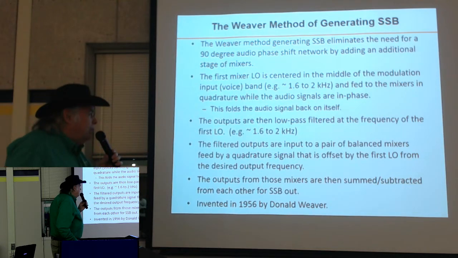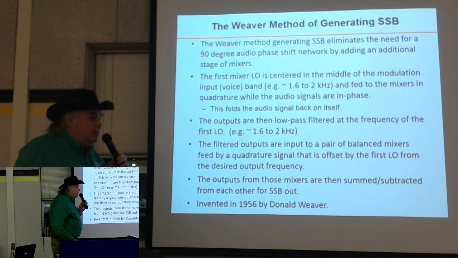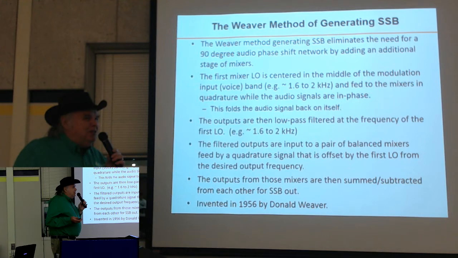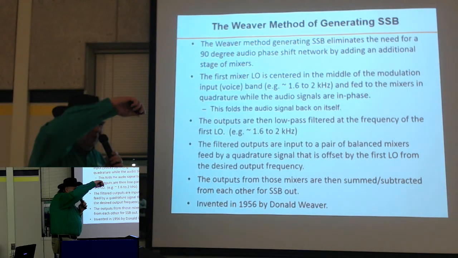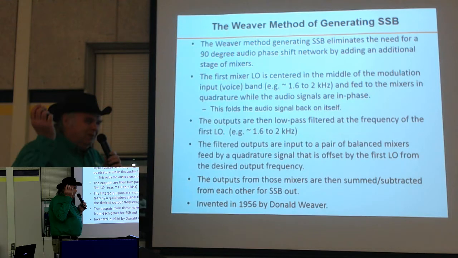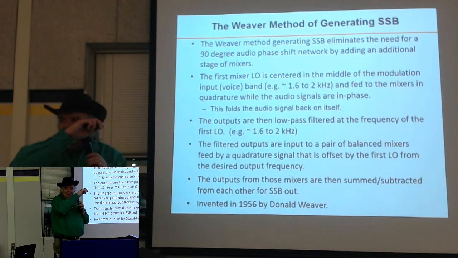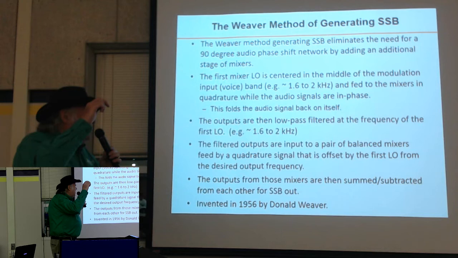So we're mixing the audio, and that actually folds the audio signal back on itself. We take the upper and lower sidebands, and they fold back on themselves. And this works, and I'll show you why in a minute.